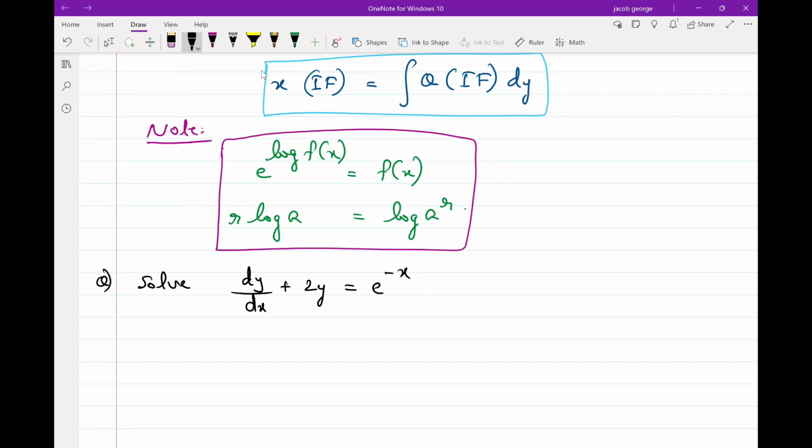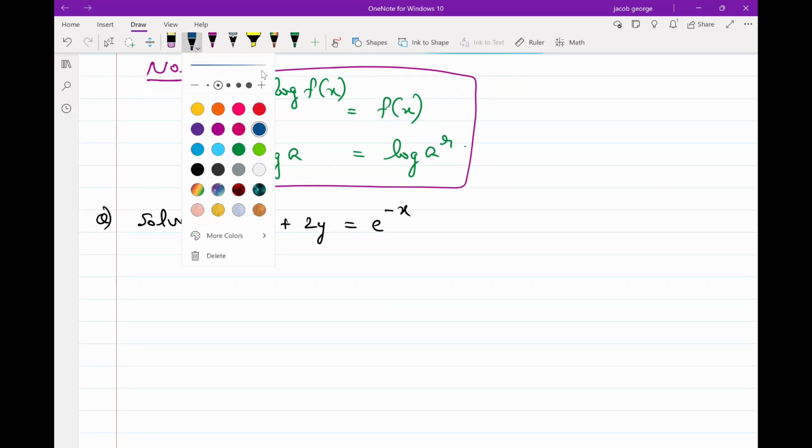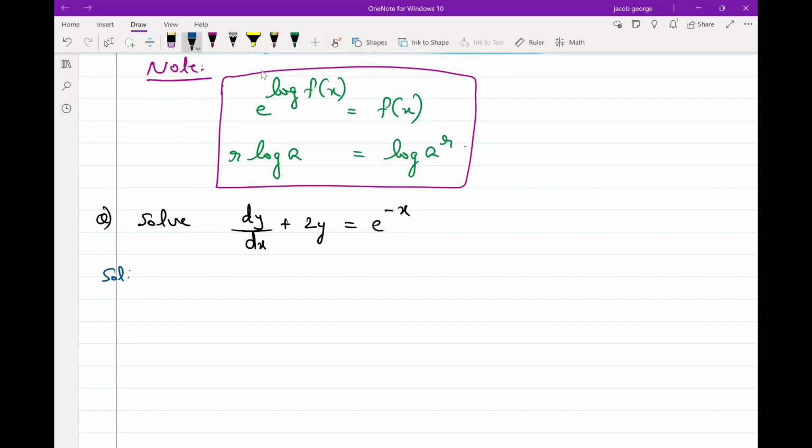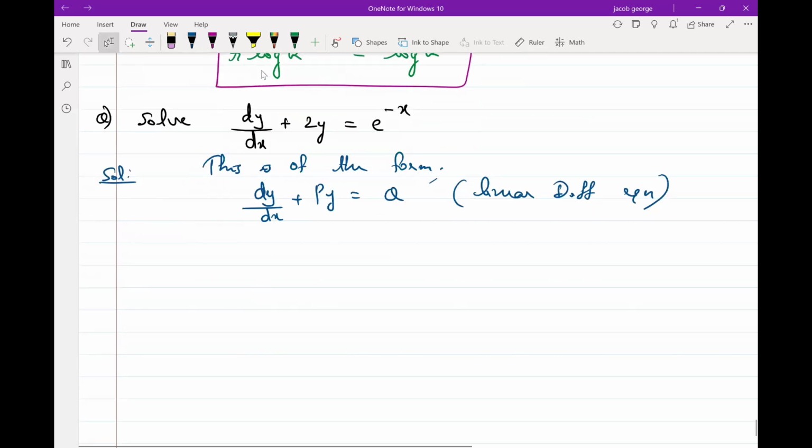So first of all, we compare it with the first type and write p and q. That is the first step. This is clearly a linear differential equation of the form dy by dx plus py is equal to q. Then we write p and q.